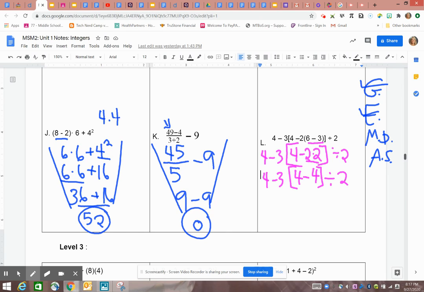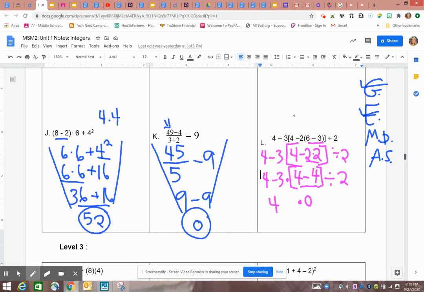So still in my grouping symbols, I've got 4 minus 6. Finally, we can get rid of that. If you want to keep in parentheses, you may. But notice right to the left here, between the bracket and the negative 3, there's no symbol. So that means there's actually going to be a multiplication sign right there.